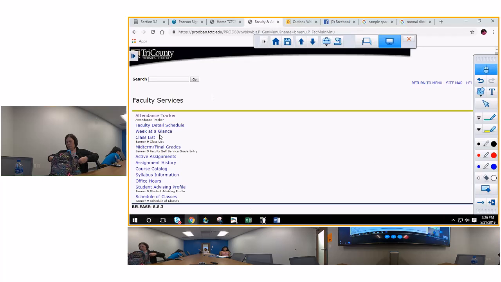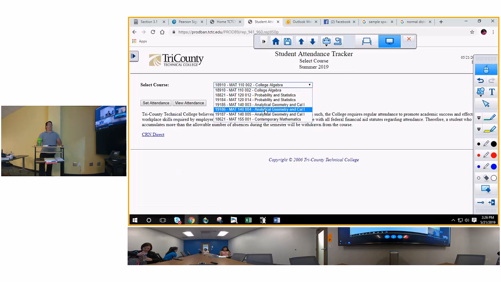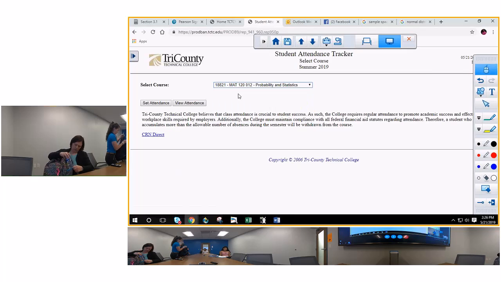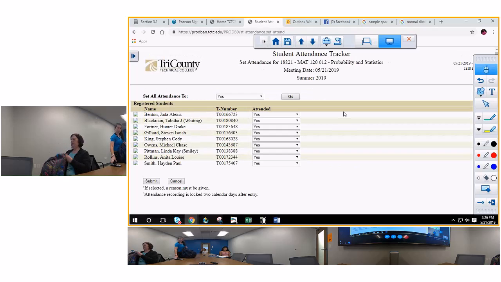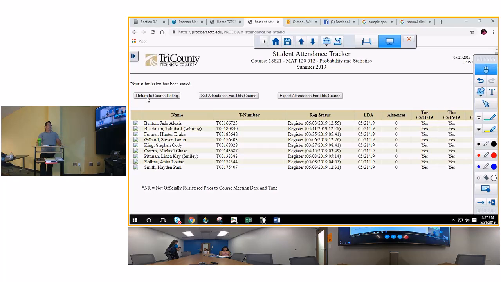Let's see, 120. Which one are y'all, Anderson? Okay, Benton is, JJ, you're here. Blackman is here. Fortner is here. Gilliard is here. King Owens is here. Pittman. One of y'all Pittman. Pittman, Rollins, and Smith. And all of Oconee, so I'll just mark all them.